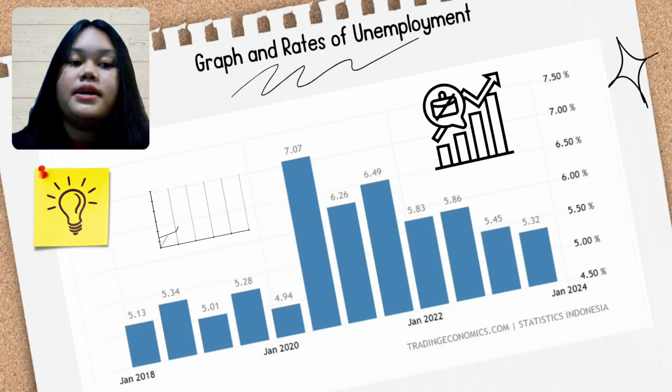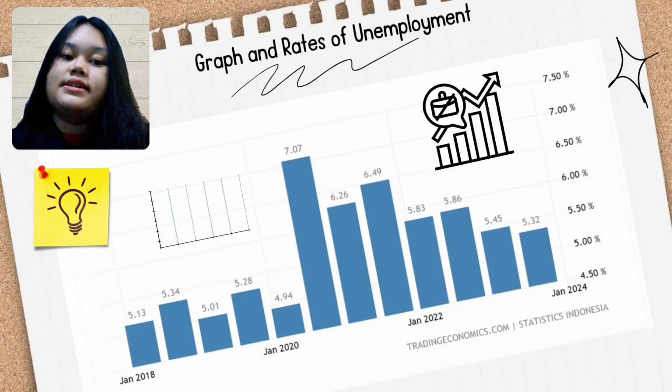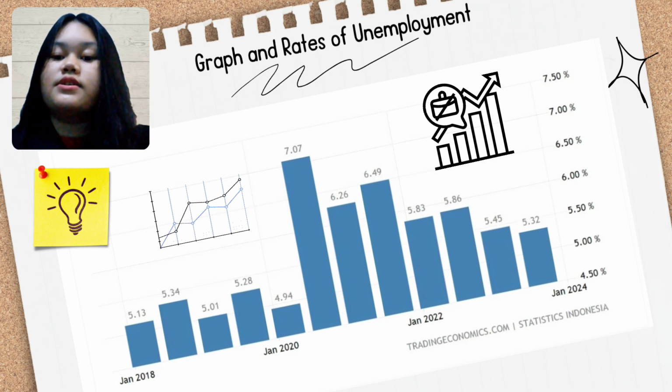At the same time, the unemployment rate in Indonesia declined to 5.32% in the September quarter of 2023 from 5.86% in the same quarter the previous year, pointing to the lowest figure since 2020.